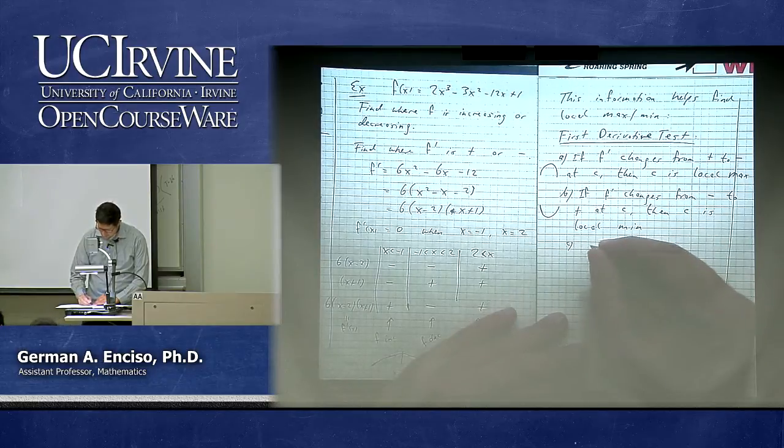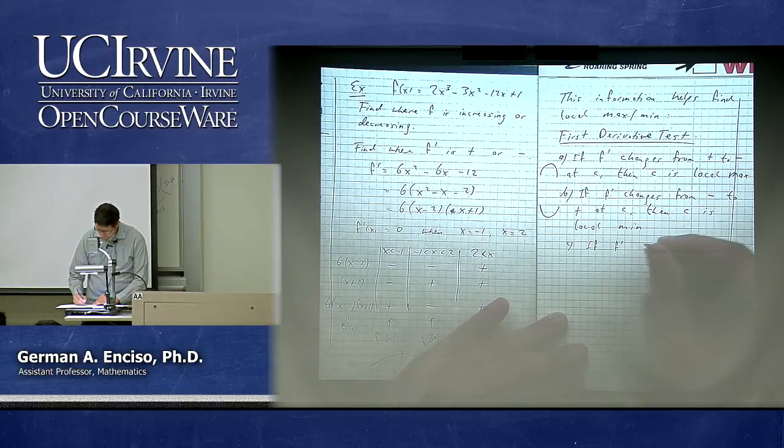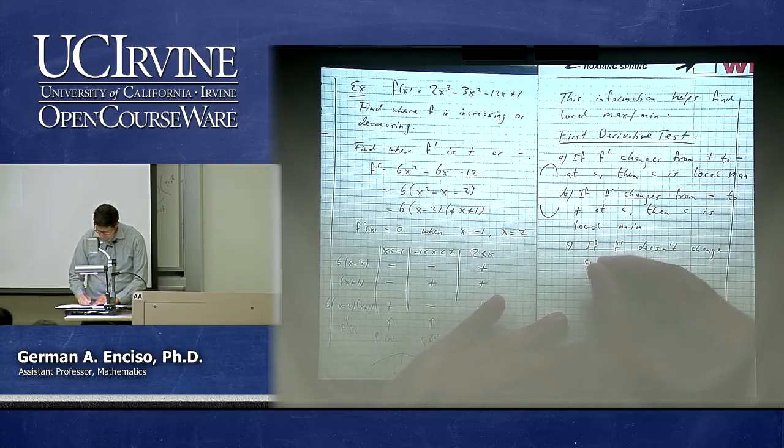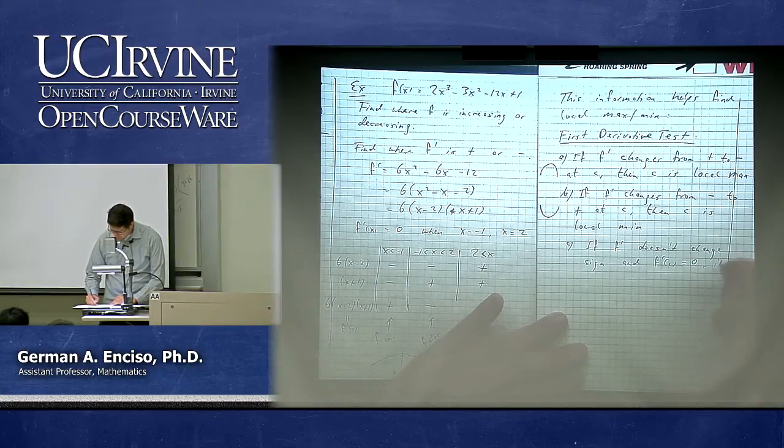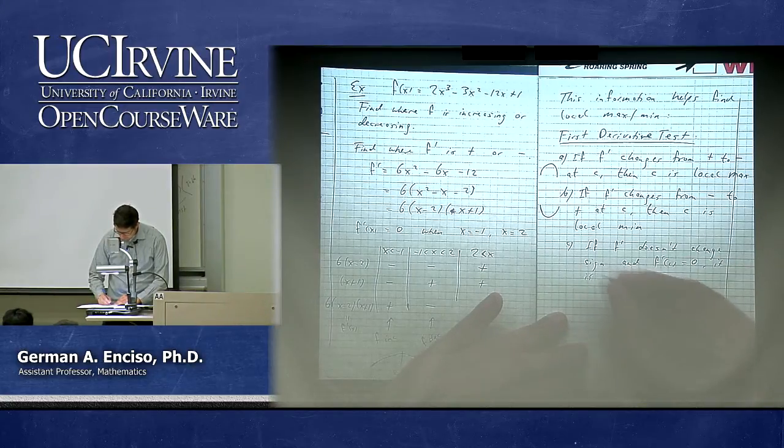And the last part is, if f prime doesn't change sign and f prime of C is equal to 0, it is not a max or a min.